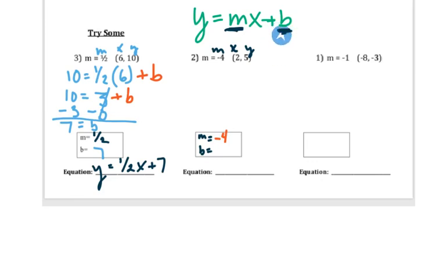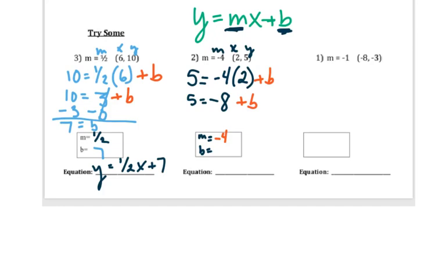In order to solve for b, we plug in everything else, and we get b by itself. So y is the number 5, equals m, which is the number -4, times x plus b. -4 times 2 is the number -8 plus b.